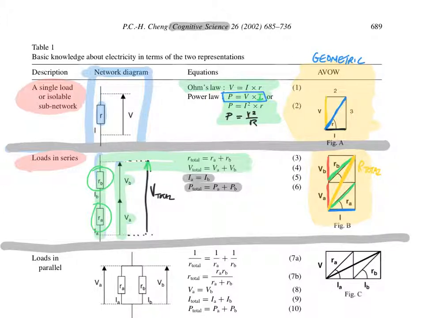So the total resistance diagonal of the stacked voltage, or the stacked power blocks, if you will, has to be more steep than either individual one. So far, the geometric interpretation keeps paying off.